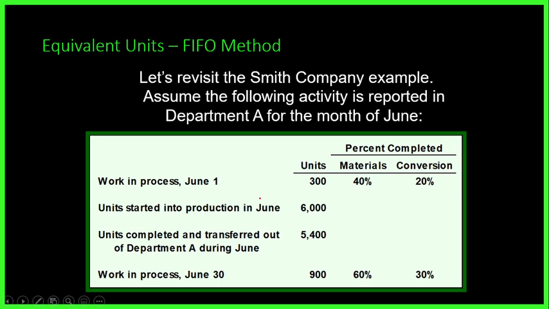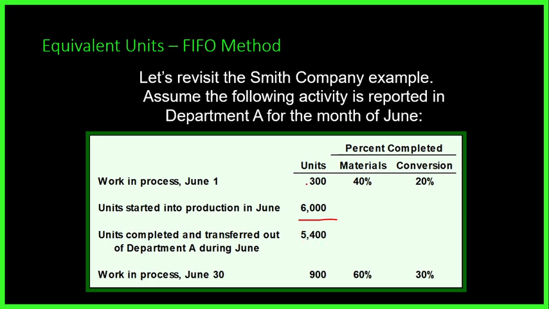Let's revisit our earlier example. You have 300 at the beginning. You started with 6,000 units, so you're supposed to complete 6,300 units, but you only completed 5,400.